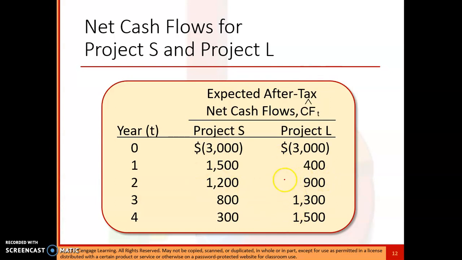So project L is back end loaded. Even though the cash flows for project L are greater, depending on what rate of return we're using, project S has a good chance of being more valuable to the firm because those cash flows occur earlier.